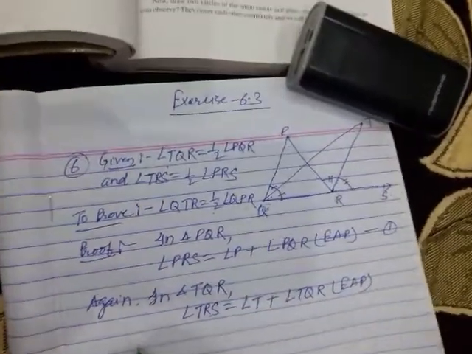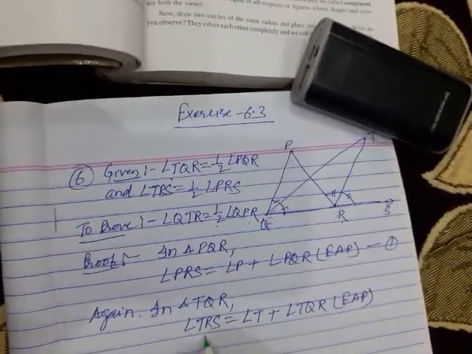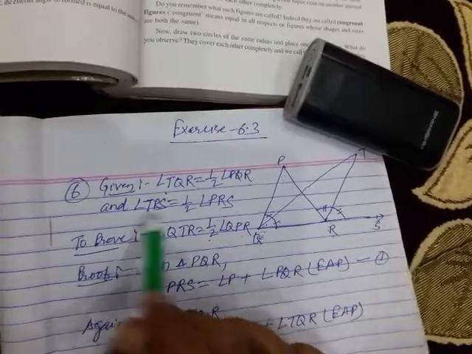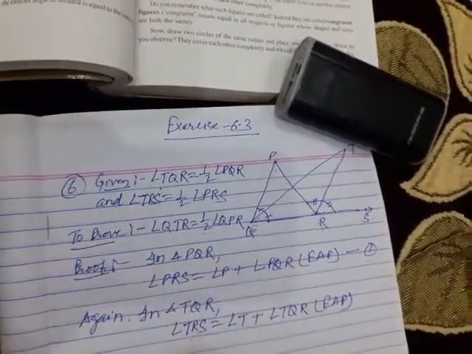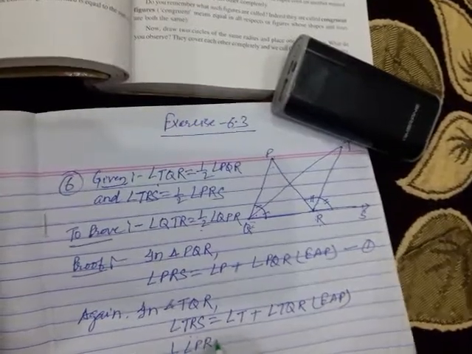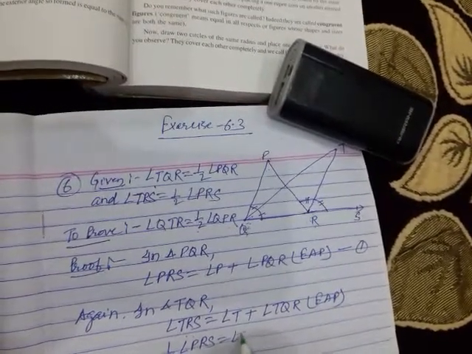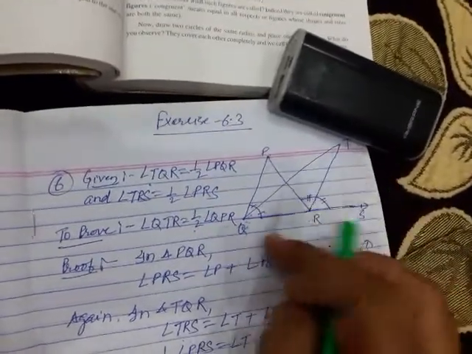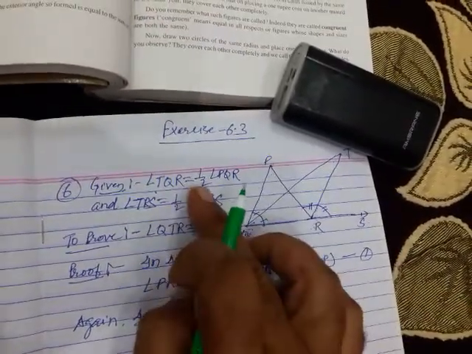Okay, children? This implies that angle TRS, as we see in the given section, TRS equals half of angle PRS, that is half of angle PRS equals angle T as it is, plus angle TQR. Angle TQR is also given in the given section.